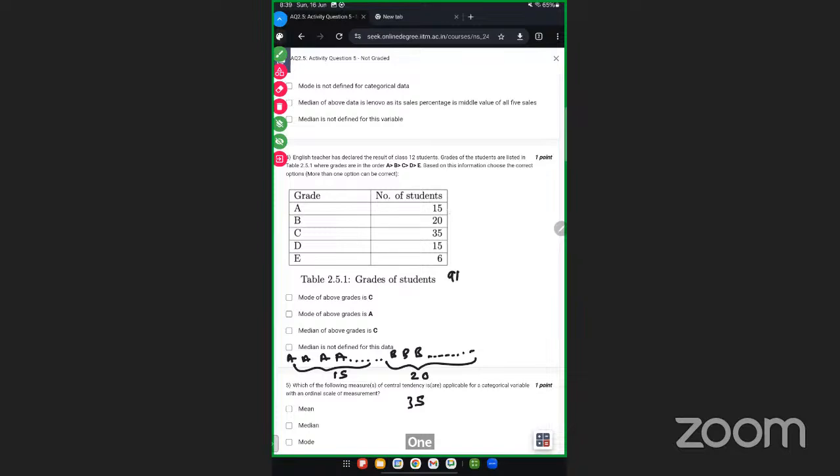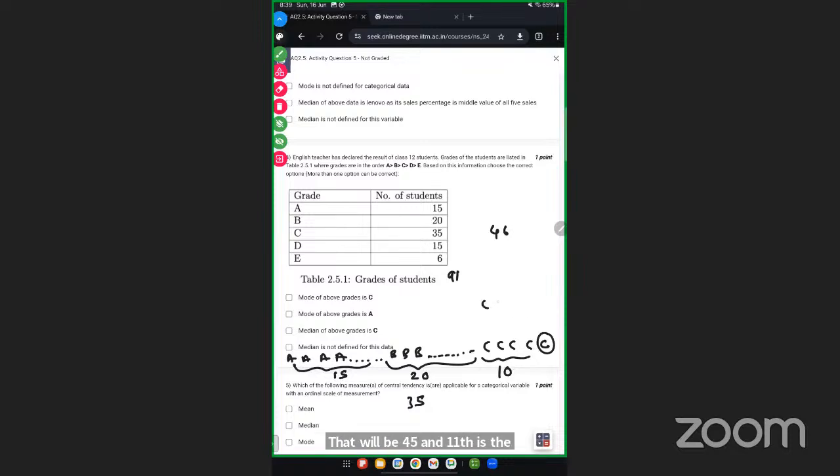That is 91. I think 35 plus 70 is 70 plus 15, 85, 85 plus 6, 91. So we need to find the 46th one. We are still at 35. We need 10 more. I'll start C, C, C. After this, those 10 C's I'll write will make 45, and the 11th is the median.